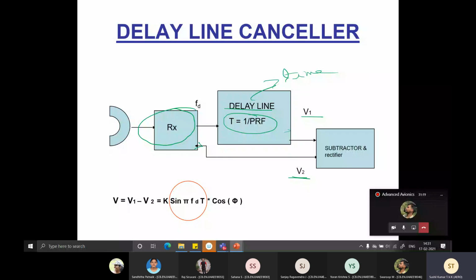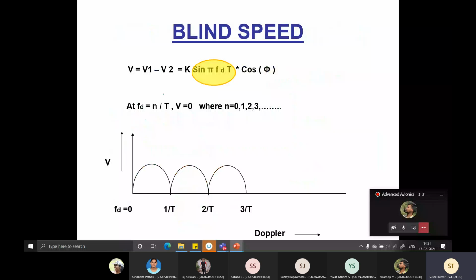The problem is here. If FD is equal to N by T, it can happen, right? FD can take any value, depending on the velocity of the aircraft. So if it is 1 by T or N times 1 by T, then this whole thing is sine pi.